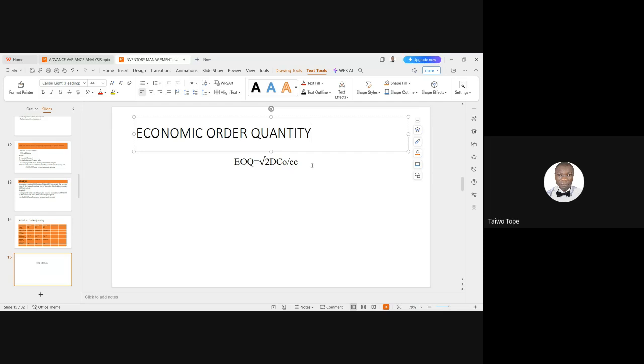So based on the formula, 2 will always be constant. So your EOQ will be what? From the question, what is your D?